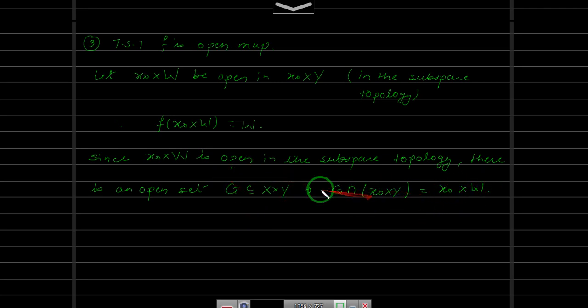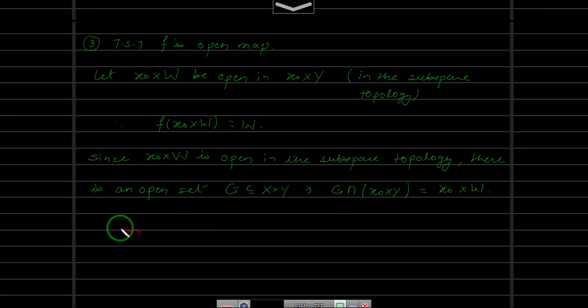Okay, because this is open in the subspace, this open set x naught cross W can be written as the space x naught cross y intersected with some open set in the whole space. So we are taking an open set in the whole space, that is x cross y.